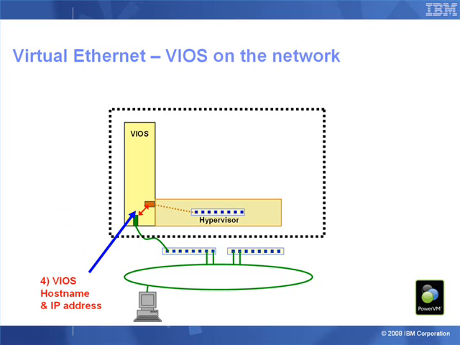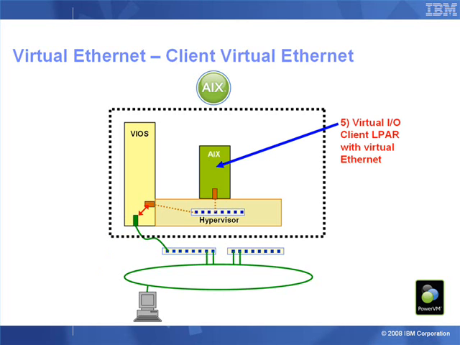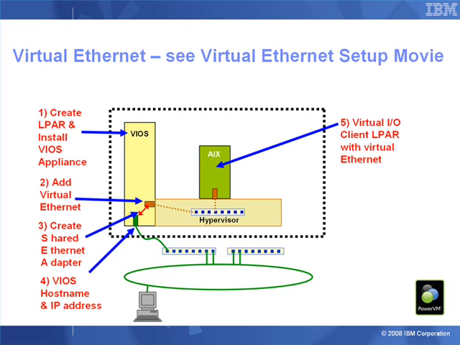Then we'll put the virtual I/O server itself on the network so we can remotely access it. Then when we create our client logical partitions, they'll find a virtual Ethernet adapter and they can use that instead of physical Ethernet adapters. So here are the 5 stages that we'll go through now.